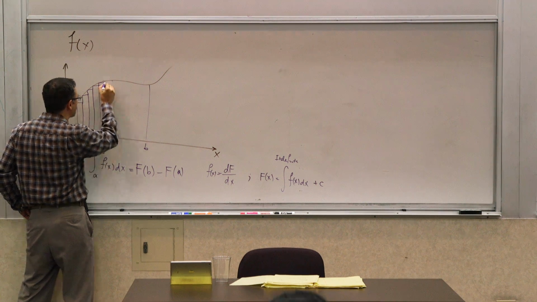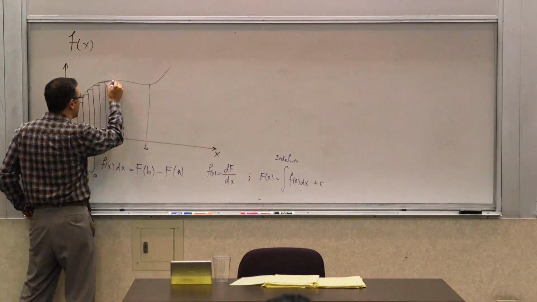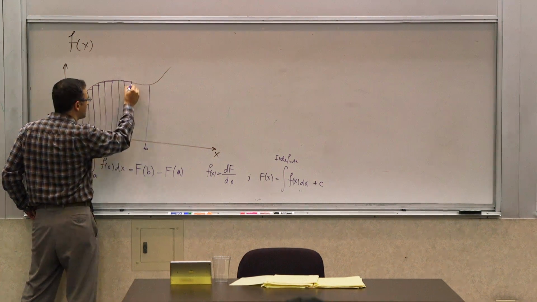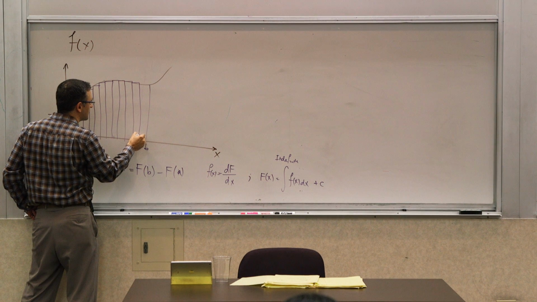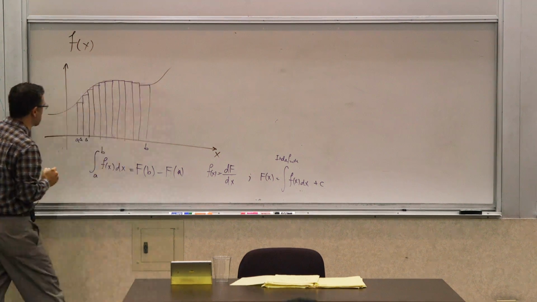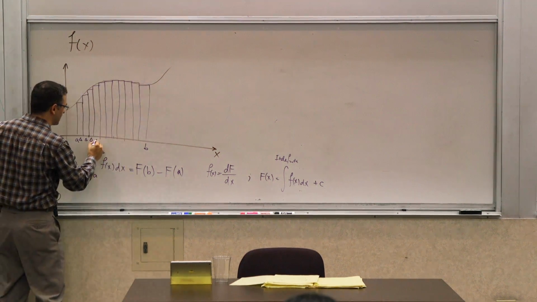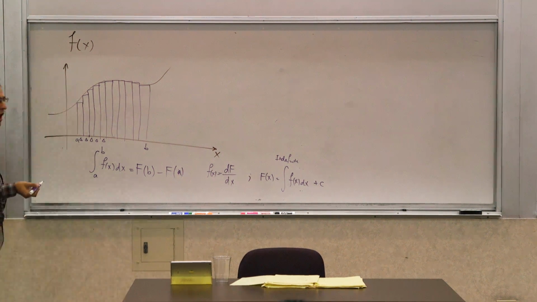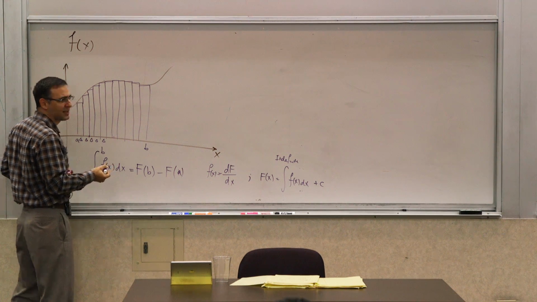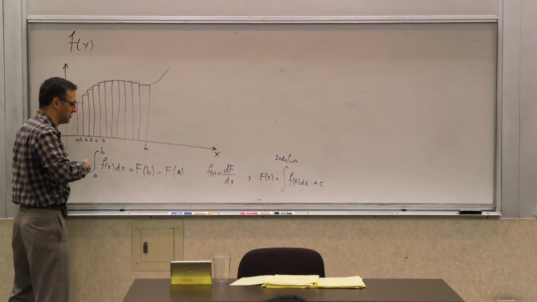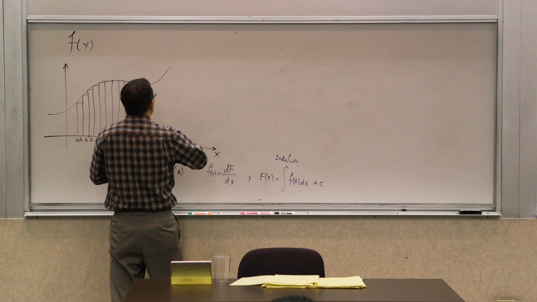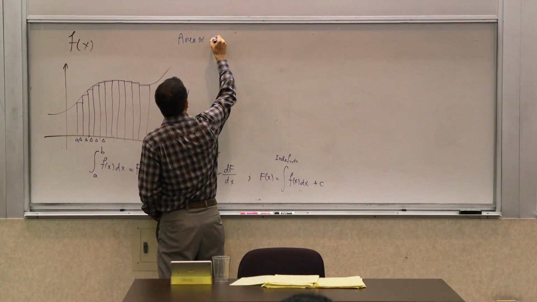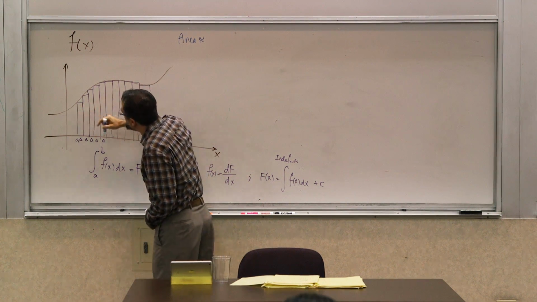So I make these rectangles, right? So these rectangles, all of them have a width of delta, delta, delta, whatever. And the area is approximately the sum of the areas of these rectangles, right? It's an approximation. So I can say my area is approximately, roughly, the sum of these things. So what is the area of the first rectangle?